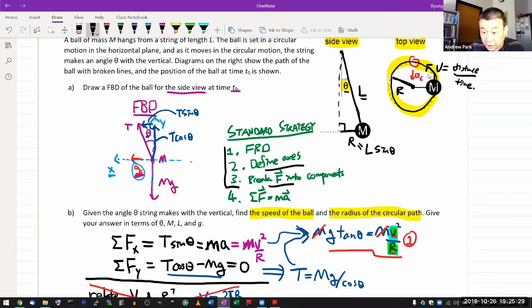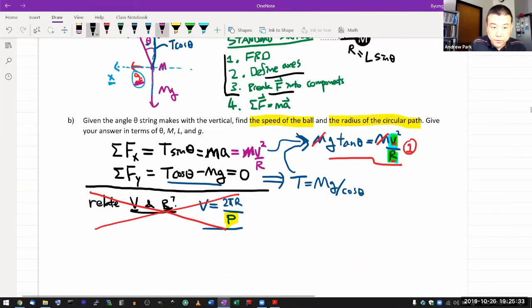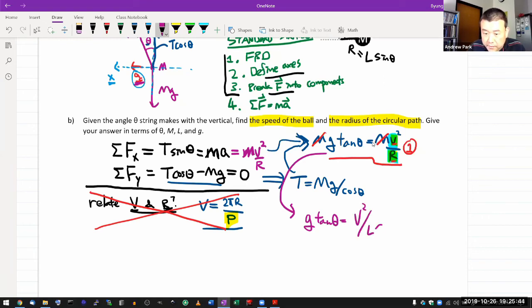So, all right, let me plug that in. I think that'll get me where I want to go. So plug that in here. I get g tangent theta is equal to V squared over L sine theta.